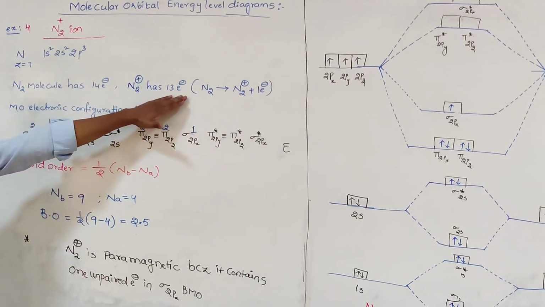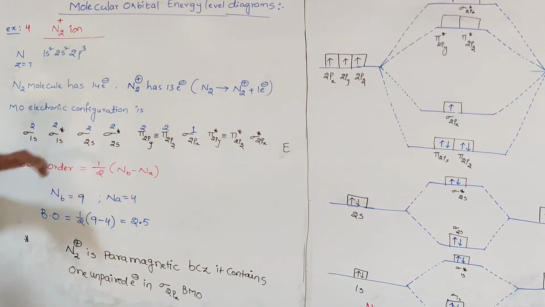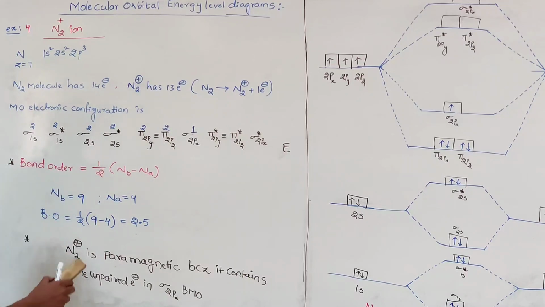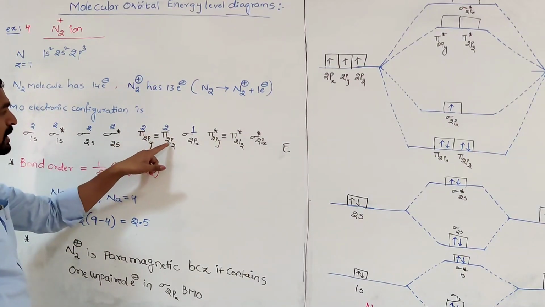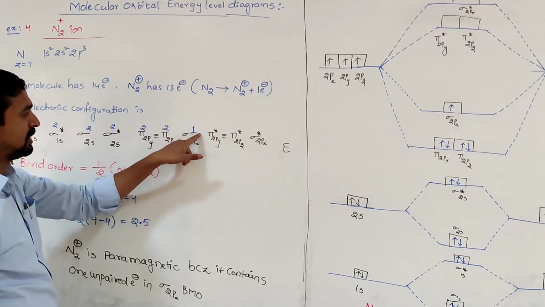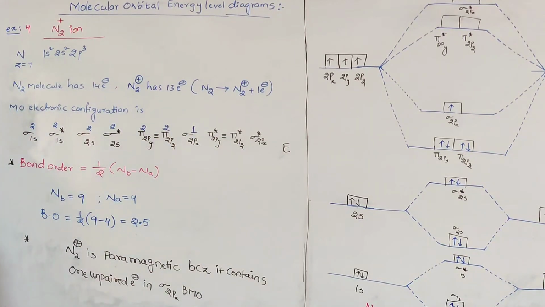For 13 electrons we write the molecular orbital configuration: sigma 1s2, sigma star 1s2, sigma 2s2, sigma star 2s2, pi 2py2, pi 2pz2, then sigma 2px1. Until this, the 13 electrons are completed.